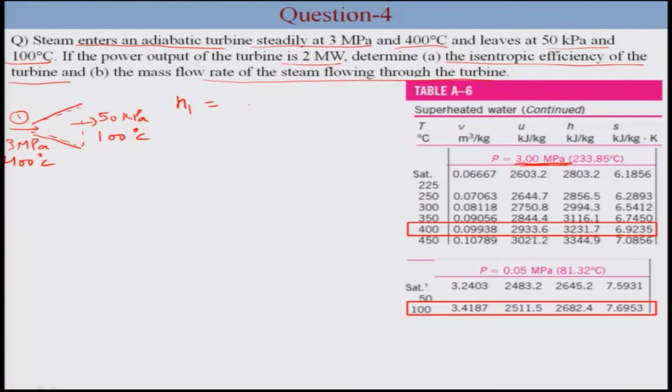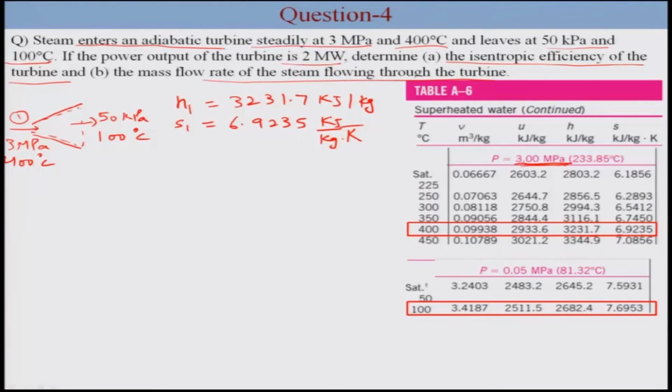So, H1 is equal to 3231.7 kJ/kg and S1 is equal to 6.9235 kJ/kg·K. At state 2 it is at 50 kilopascal and 100 degrees Celsius. This is also a superheated state.